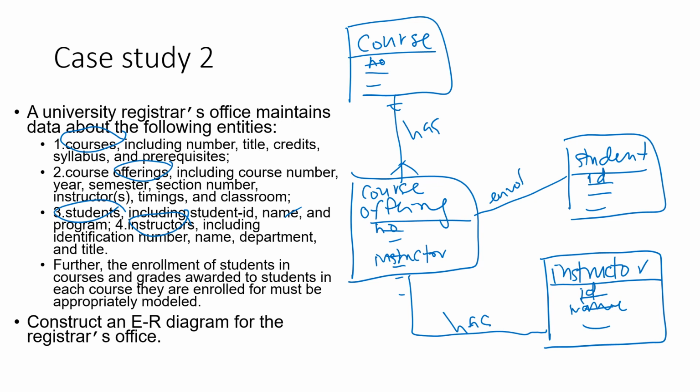An instructor can have many course offerings. And a course offering enrolls many students. Each student can have one course offering.